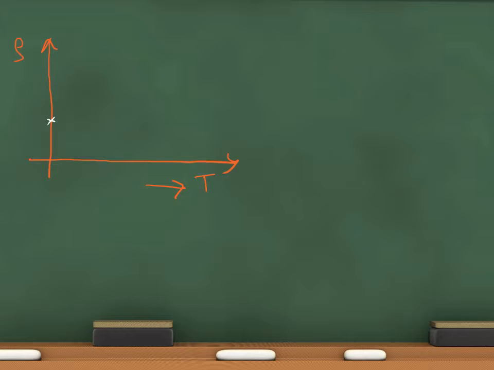Starting, the resistivity will be somewhere around here at 0 degrees Kelvin, and as temperature increases, there will be a reduction in resistivity. So what is the slope?